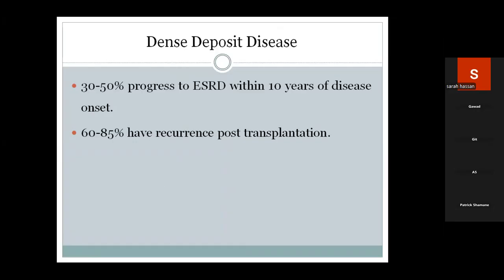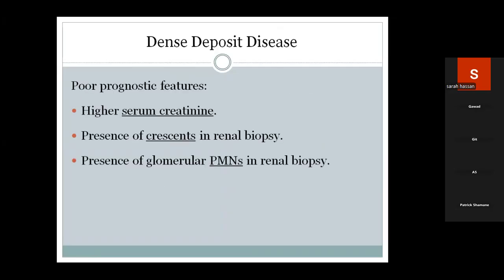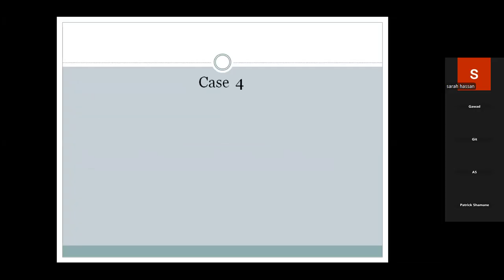So it's a serious diagnosis, and it's diagnosed only by EM. Okay. The prognostic factors from the histopathologic point of view are the presence of crescents and the presence of polymorphs in the renal biopsy.